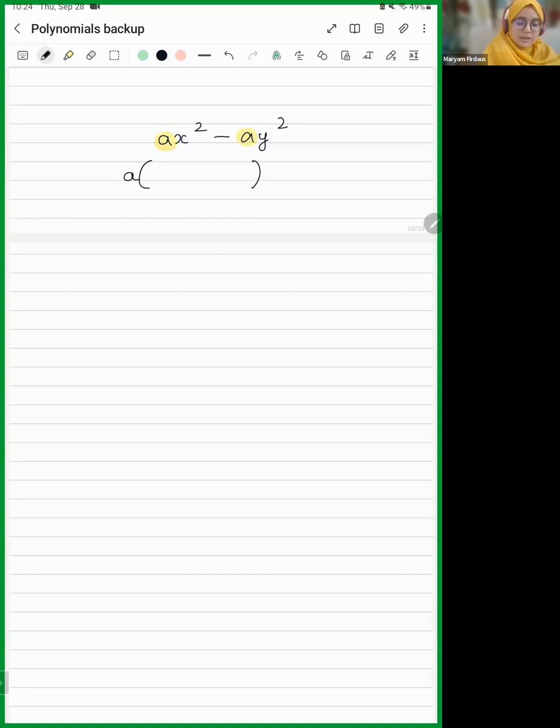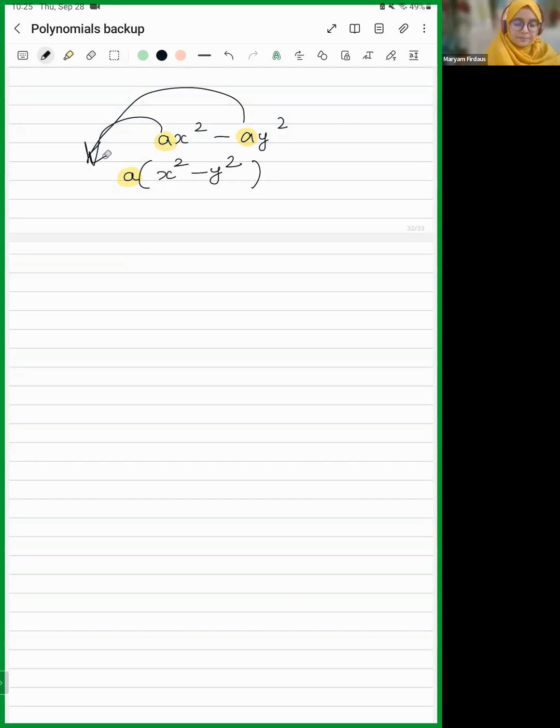You are left with something, right? What do these two terms become now after taking a outside? They'll become x minus y the whole square. No, x square minus y square. Nothing will change except that you have just taken a outside. X square will remain x square. Y square will remain y square. You have just taken away a.